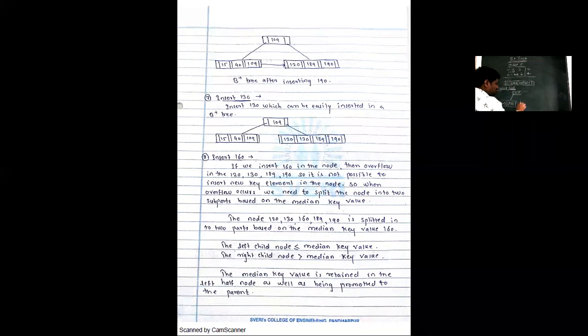Now you can tell me the nodes. Next, what is the next node here? 120. Next node, 130. And here, which node you are? 160. Now, where to maintain the 160?